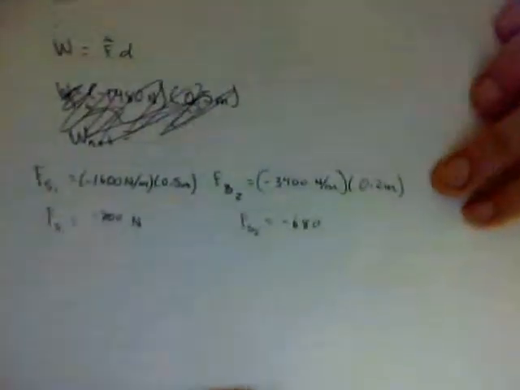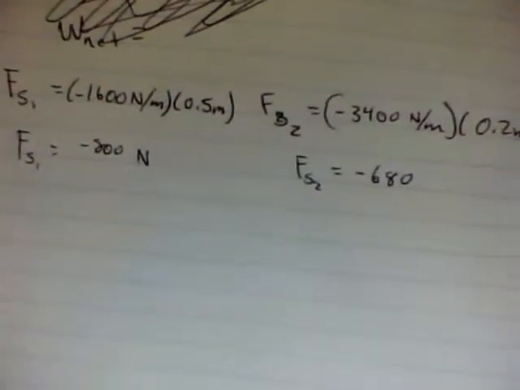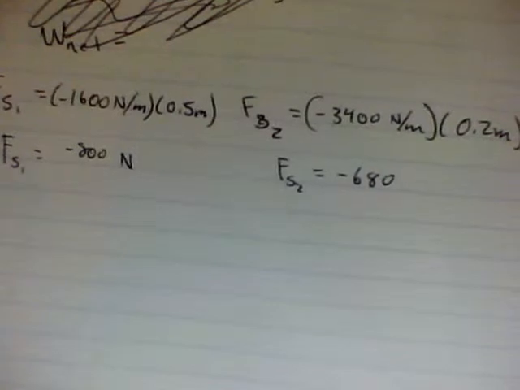You should get, for the force of spring 1, negative 800 newtons, and for the force of spring 2, you should get negative 680 newtons.